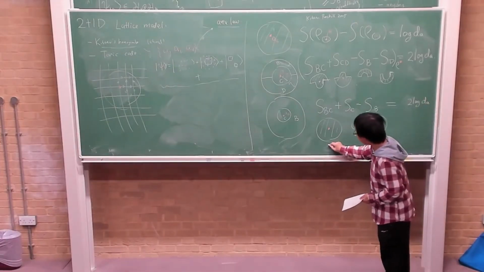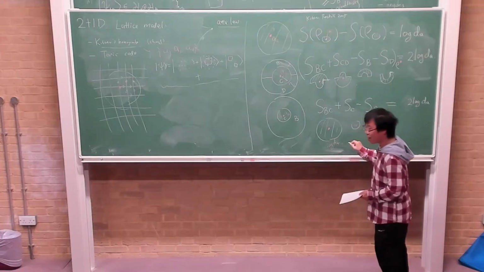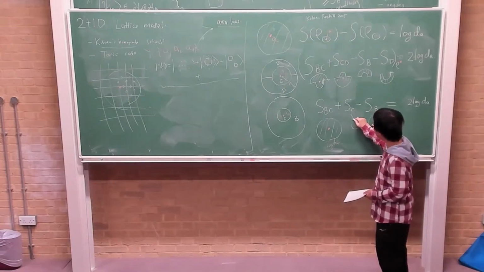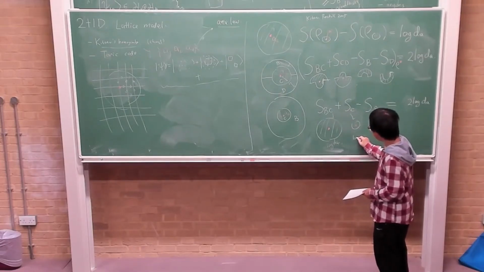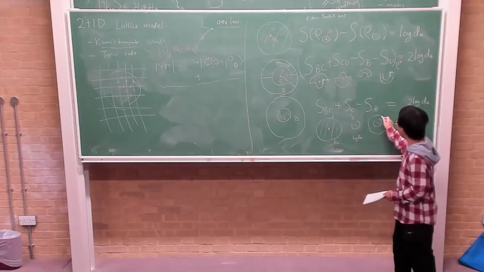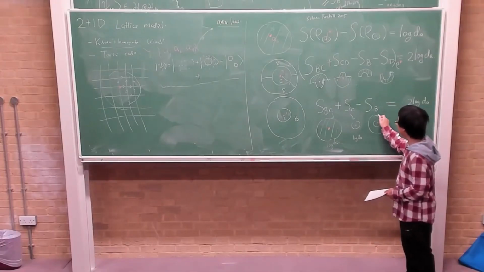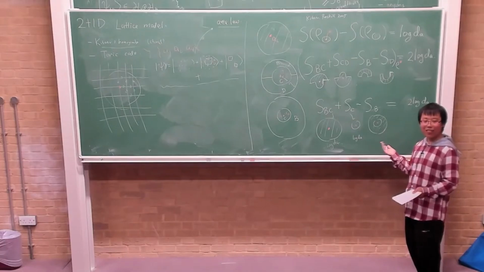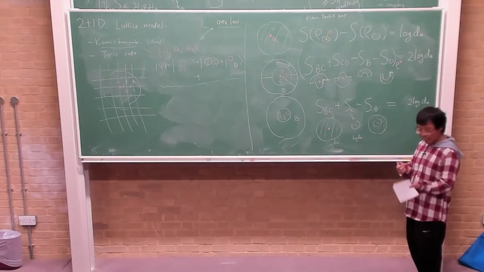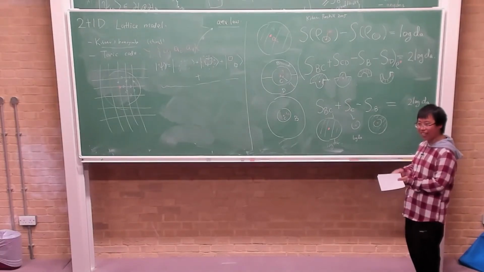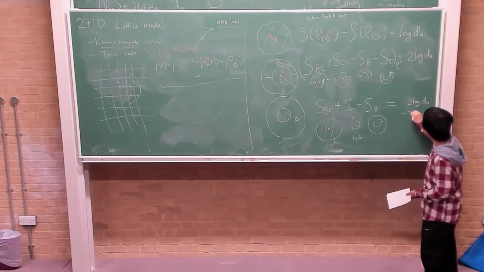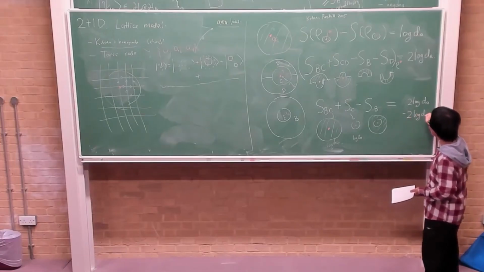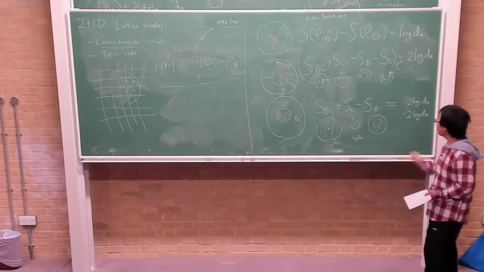I'm adding, so this one contributes log d_A, and this is another one. So maybe the annulus doesn't contribute any entropy, and that's the answer. But it turns out it's incorrect. It turns out we need to subtract 2 log d_A from the annulus, and we get 0.